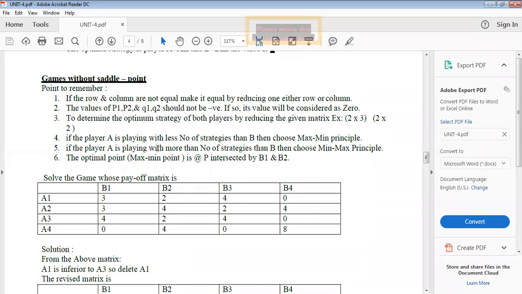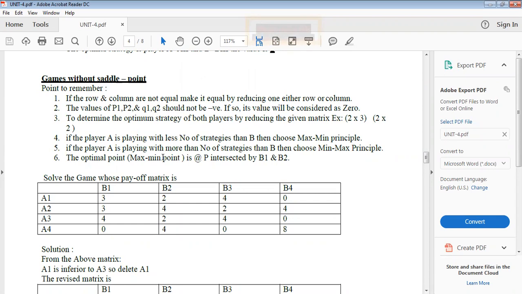Next, if player A is playing with a smaller number of strategies than B, then choose the max mini principle. If the player is playing with more strategies than B, then choose the mini max principle. The optimal point, the max mini point, is marked with P intersected by B1 and B2.